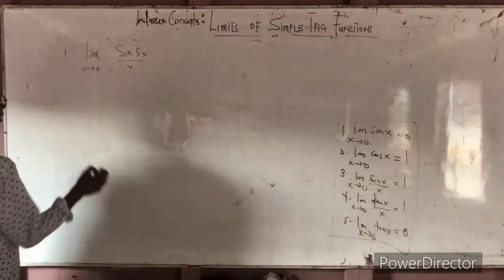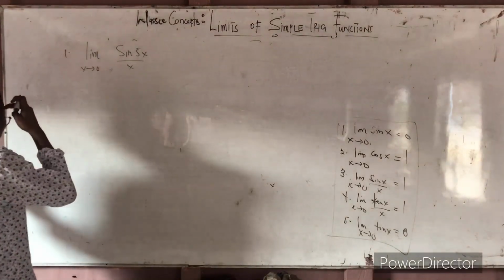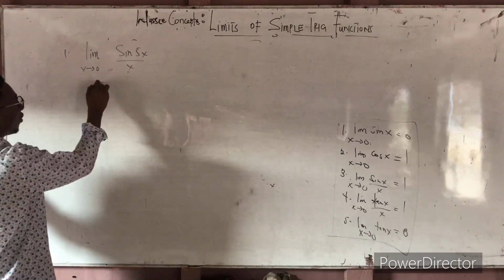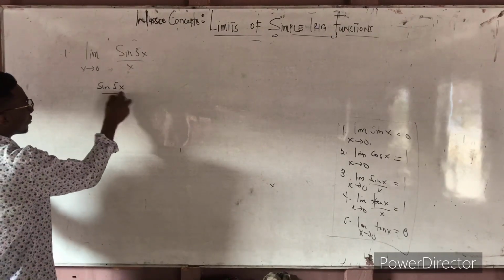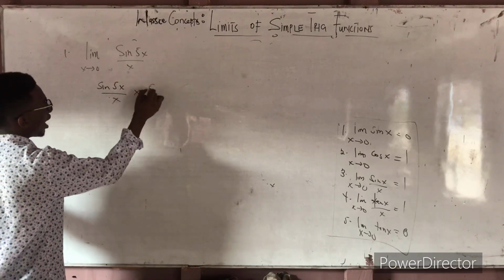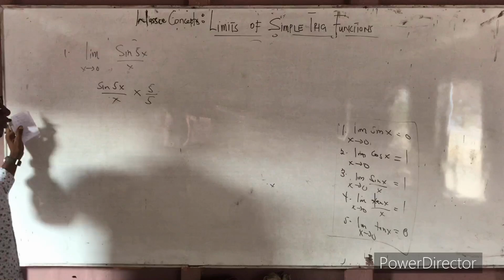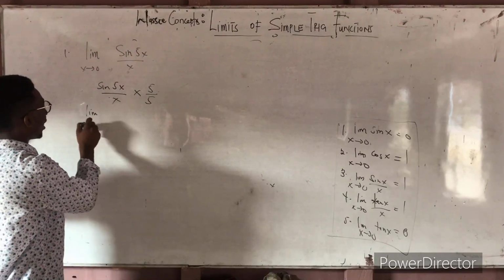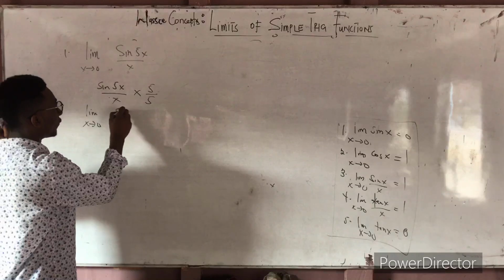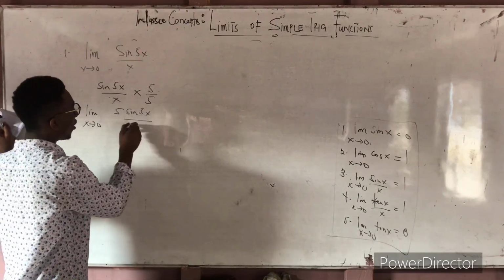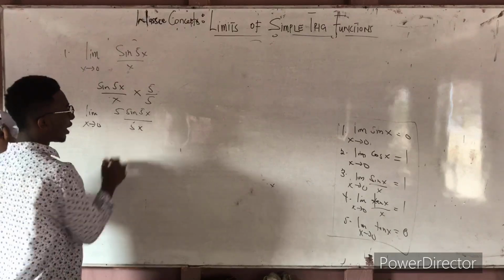What you can do here is find a way to make the denominator also 5x. So you multiply the numerator by 5 and the denominator by 5. When you do that, the limit as x approaches 0 becomes 5 times sin 5x divided by 5 times x, which is 5x.